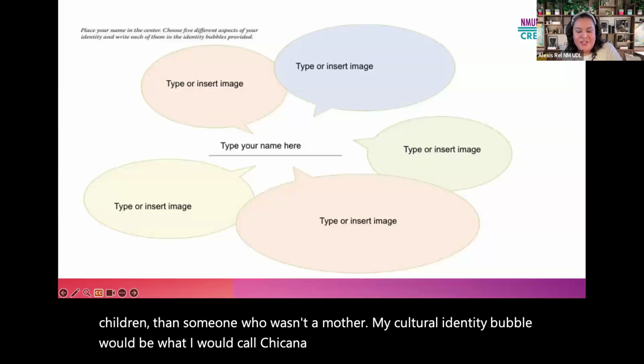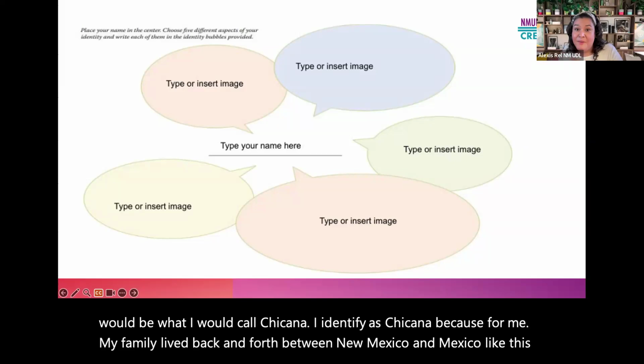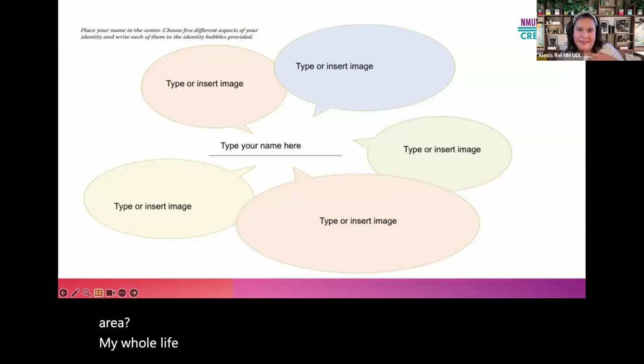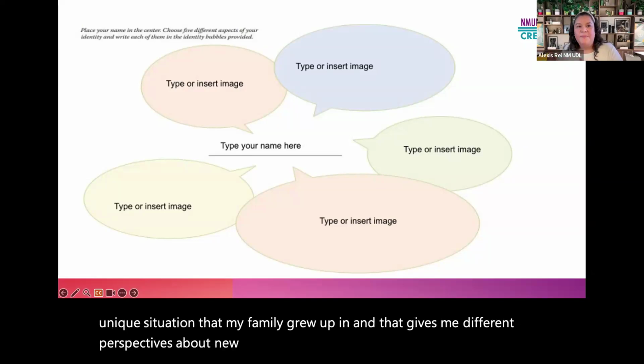I identify as Chicana because my family lived back and forth between New Mexico and Mexico my whole life, and since the 1500s. I think that's a really unique situation that my family grew up in, and that gives me different perspectives about New Mexico and the land. I think that's probably enough.